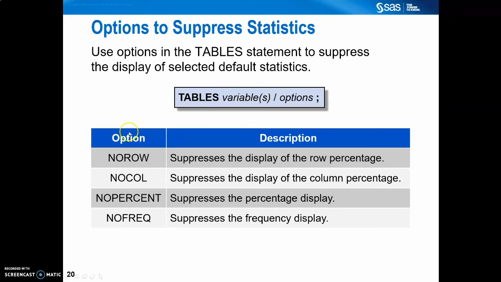There are several options that we can use, which include NOROW, to suppress the display of the row percentage; NOCOL, to suppress the display of the column percentage; NOPERCENT, to suppress the percentage display; and the last one, NOFREQ, to suppress the frequency display.